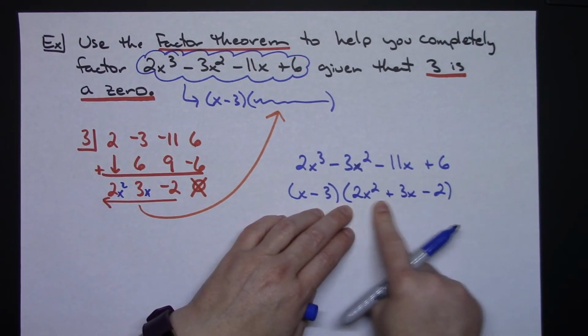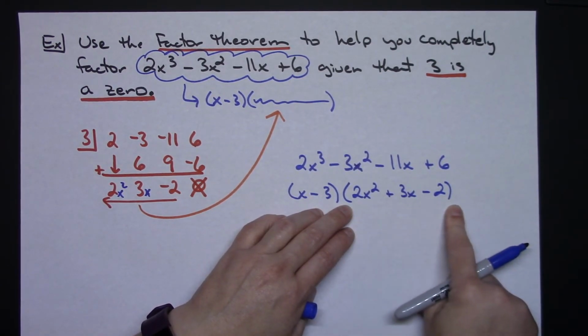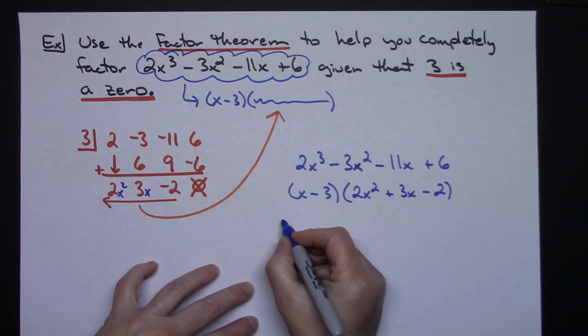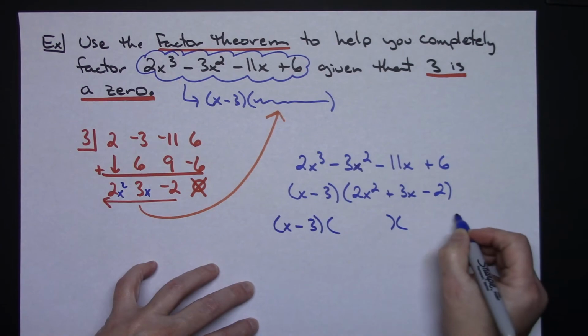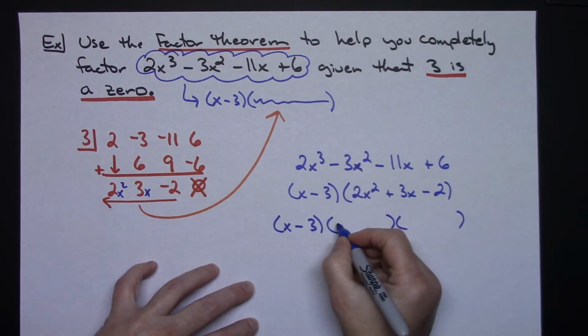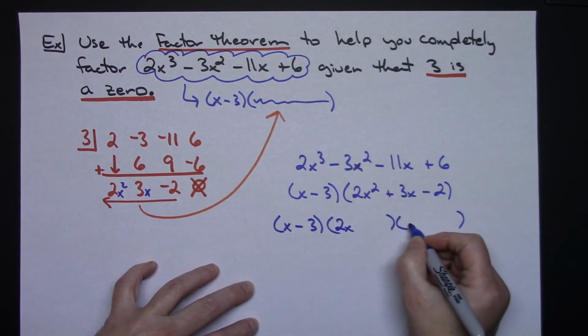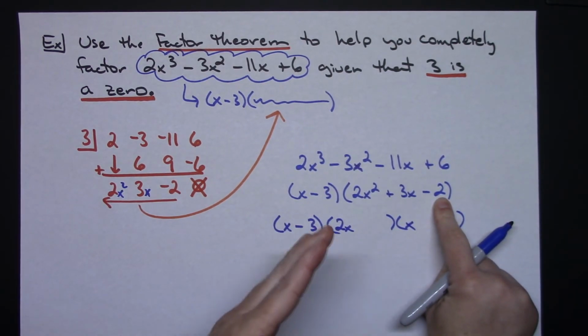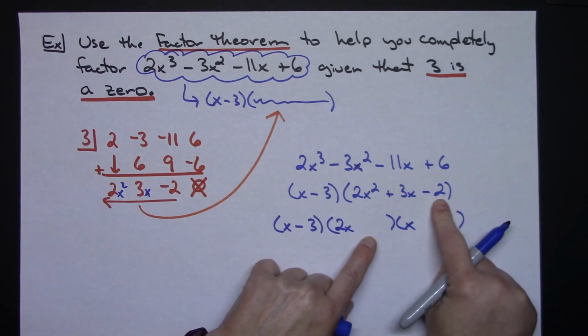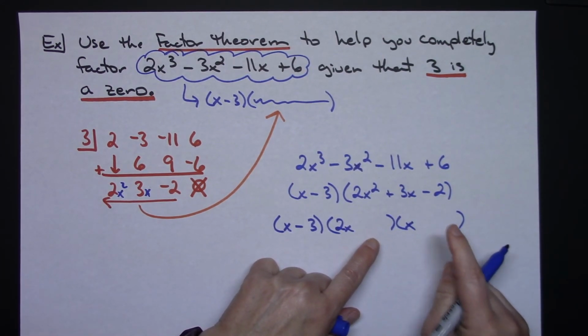But if I look at just this right here, this is a nice little trinomial, and it is going to factor. So I'm going to keep this x minus 3 right there. And then I'm going to do a guess and check on this, which means I'm going to have probably a 2x and an x there. And then I need two things that multiply together to get negative 2, which is going to be my only choices of a 1 or a 2.